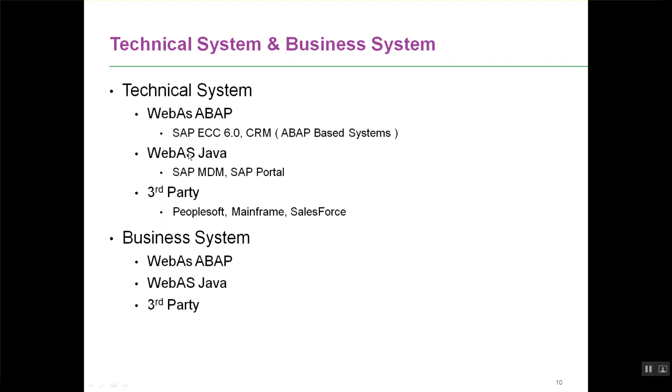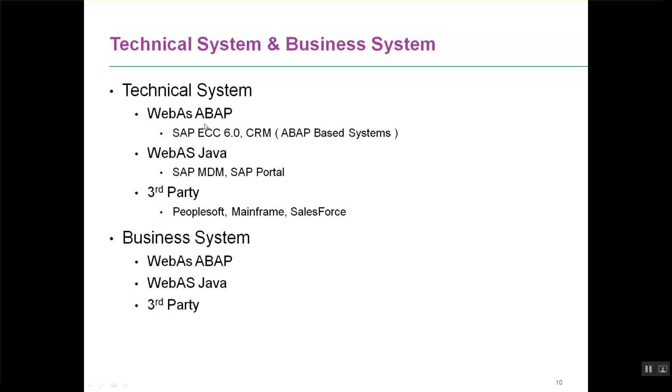A master data management system, an MDM system, your enterprise portal, your Java portals that are there from SAP are nothing but web-based Java, or that technical system is called a web-based Java system. Third-party systems are any technical system that is a non-SAP system. So be it a PeopleSoft system, be it a Salesforce.com system that can register itself to the SLD, is called a third-party system. Okay, a business system has three different types: a web-based ABAP business system, a web-based Java, and a third-party.